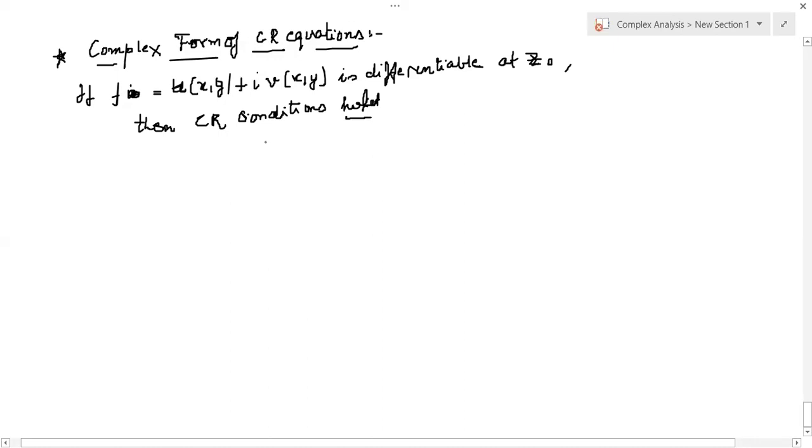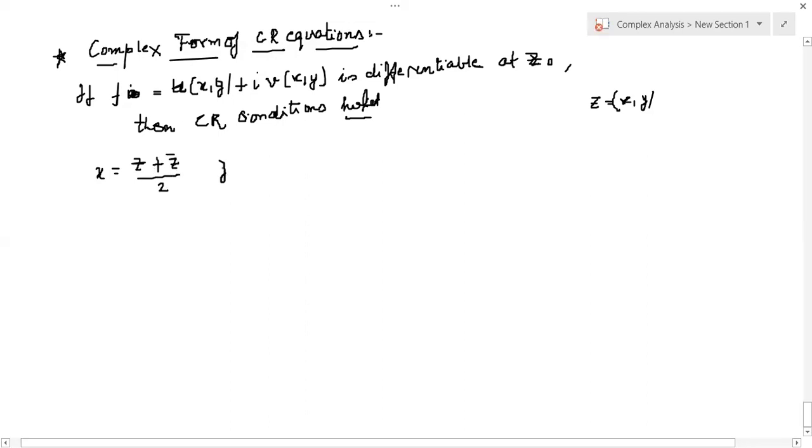Before that, I'll introduce a notation. You already know that if z is equal to x plus iota y, then x would be equal to z plus z bar divided by 2.